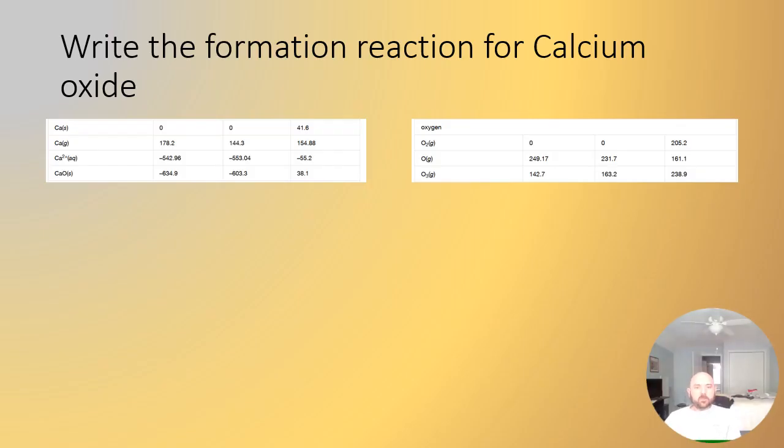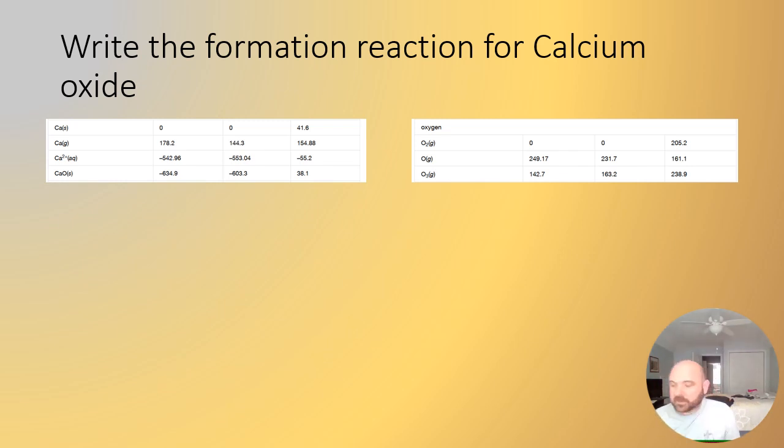We will practice writing our own formation reactions here. The first one says, write the formation reaction for calcium oxide. When we write a formation reaction, we need to figure out a couple of things. We need to figure out what the actual formula for calcium oxide is. Then we can figure out what the constituent elements are, figure out their standard states, and put it all together into a formation reaction.